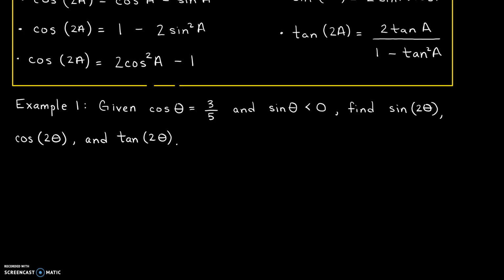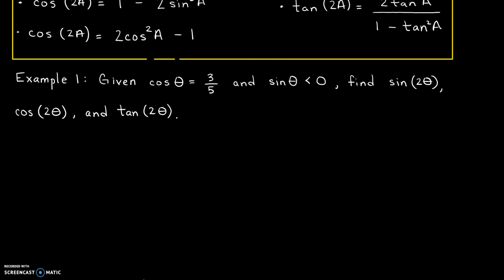For that, I'm going to think back to this identity here. I'm going to start off with the Pythagorean identity, cosine squared theta plus sine squared theta is equal to 1. And I'm going to substitute what I know.